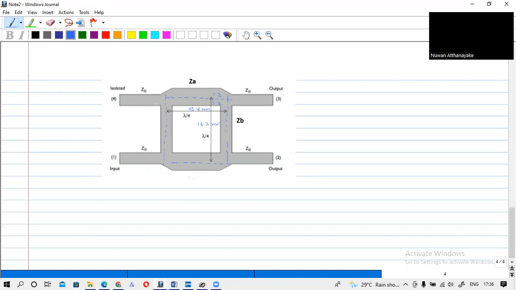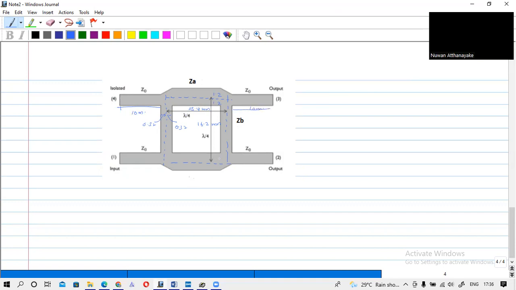Here the total length will be 0.64, and this length will be 0.32, and this half length also will be 0.32. And we have the transmission line from here to here: here to here we have 10 millimeter, and here also we have 10 millimeter.